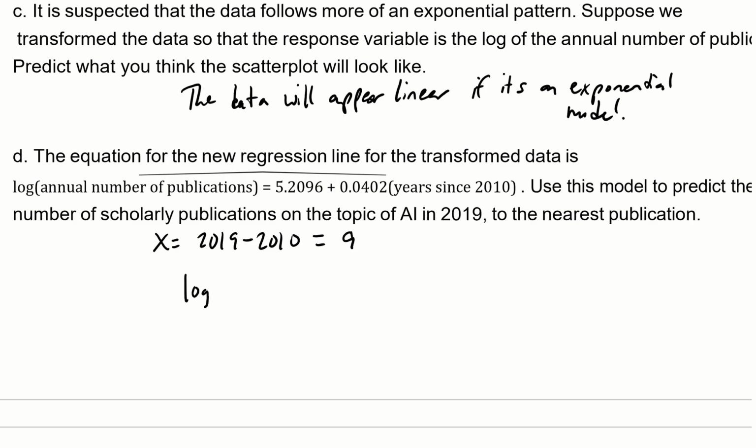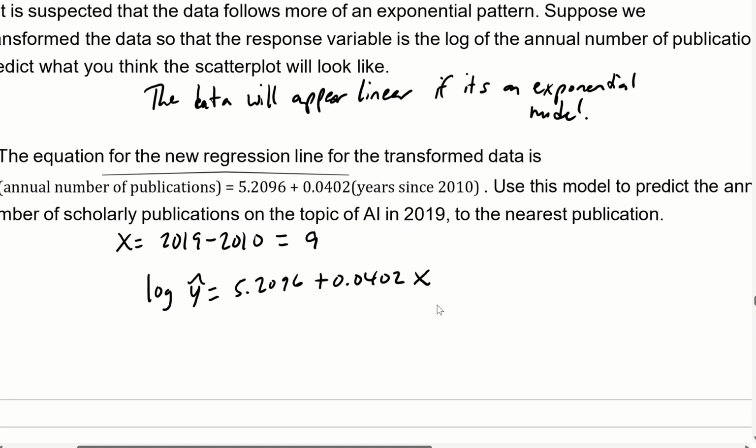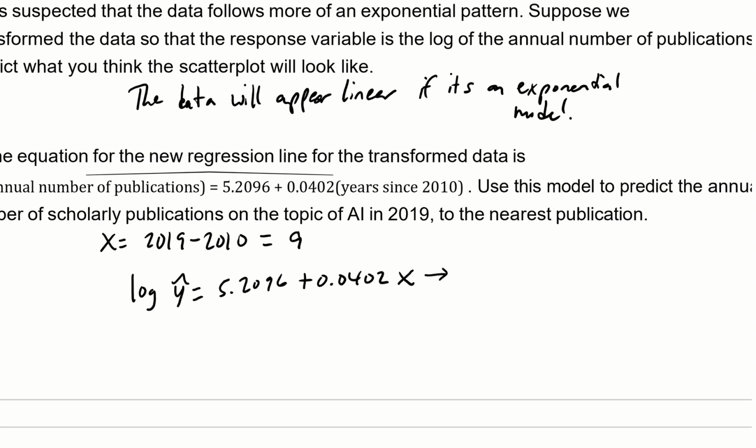So we get the log of Y hat equals 5.2096 plus 0.0402X. Now we're going to plug a 9 into that to get our log of Y hat.